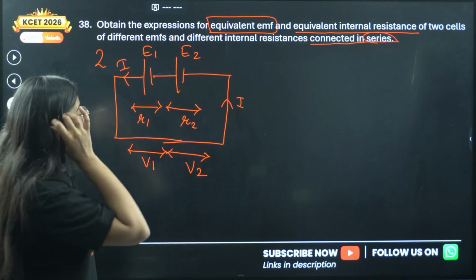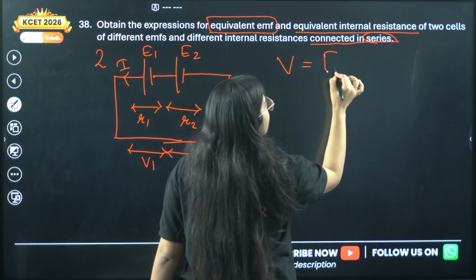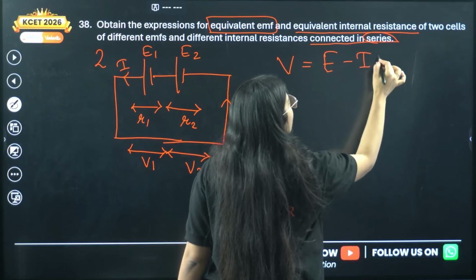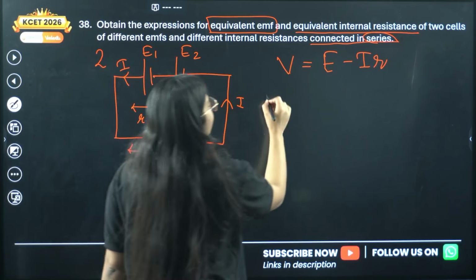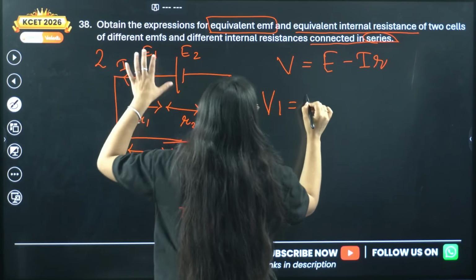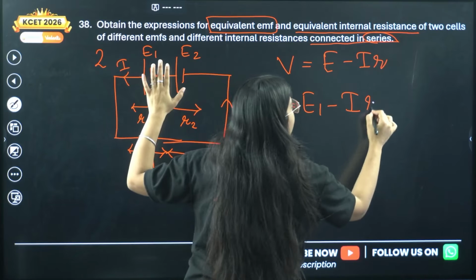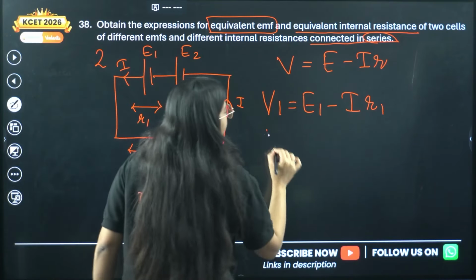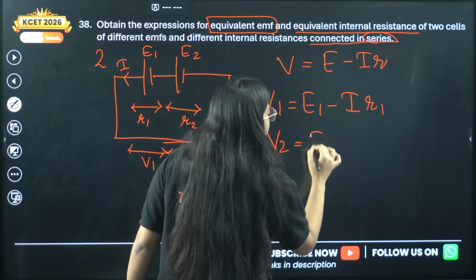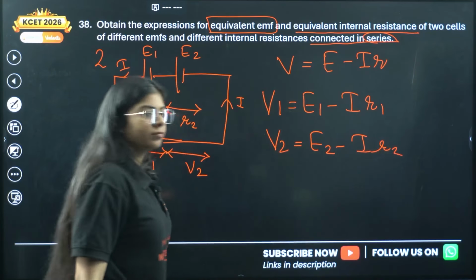voltage divides. So I know the formula of voltage now. This is EMF minus I into internal resistance. Correct? So for V1, can I write E1 minus current is same R1. Correct? Till here, is it correct? Okay, V2 will be E2 minus I into R2.